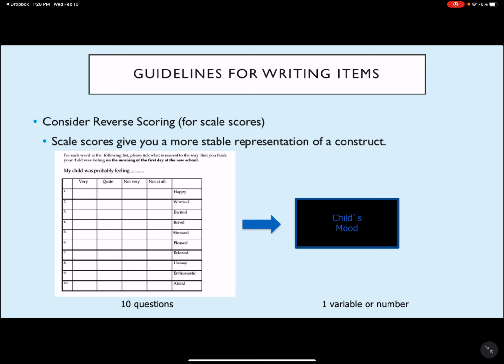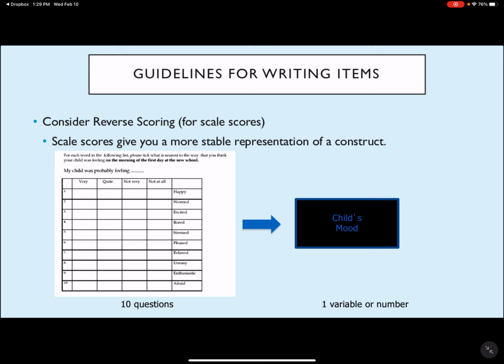Another thing that you might want to do, and I think this is a great idea, is consider reverse scoring for scale scores. Let me give you an example. I found this questionnaire, and I'll read it to you. Don't worry, I know the letters are a little bit small.